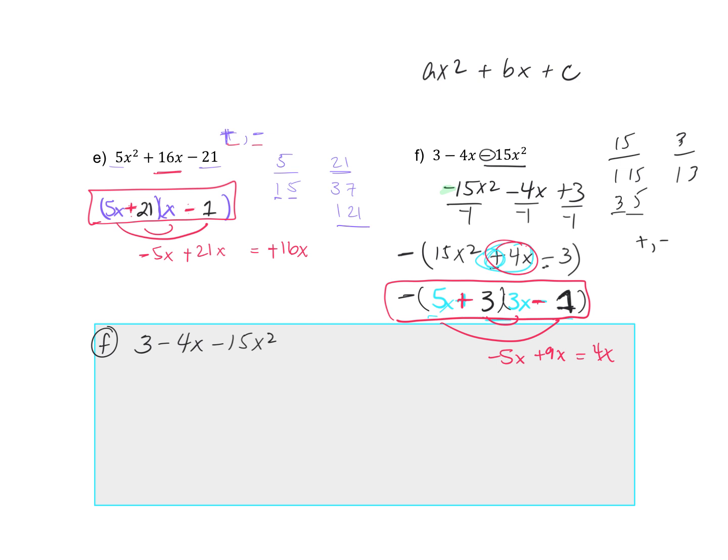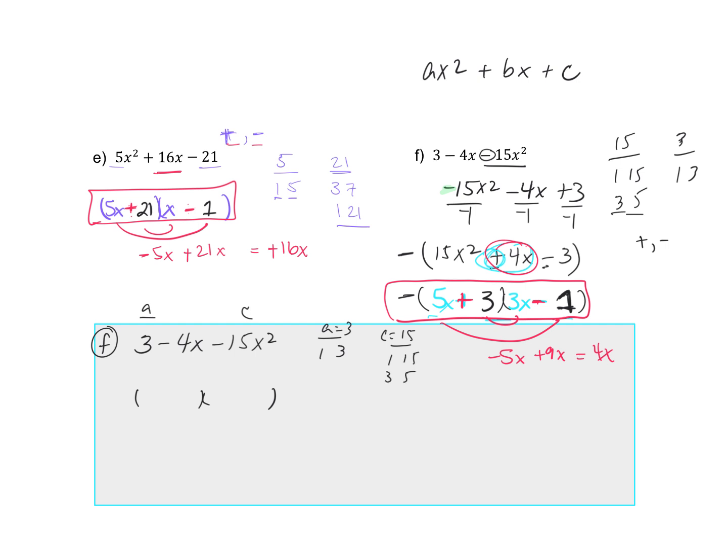This is what I showed in class, but I'm going to do it without having to do that. I know that I'm still going to do 2 parentheses, with the same idea. This time A is this, and this one's C. So my factors of A, which is 3, are 1 and 3. And my factors of C, which is 15, are 1 and 15, 3 and 5.